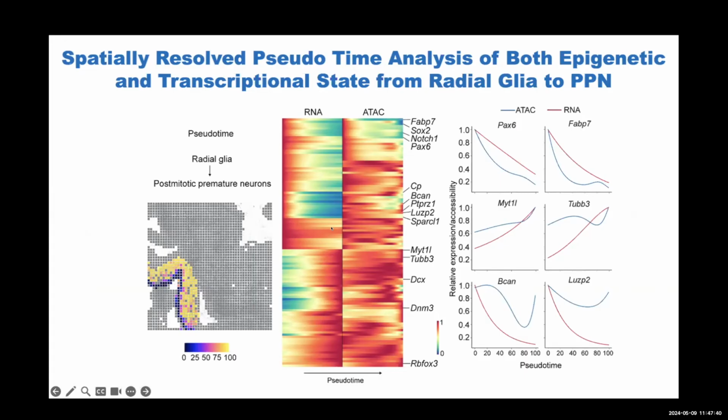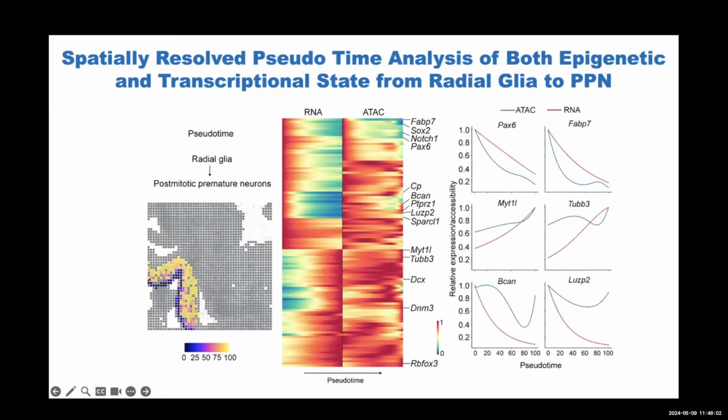probably for most of the genes, the chromatin opens up first and then the genes get expressed. That's true. But if you look gene by gene in this particular context, the differentiation from radial glia to postmitotic premature neurons, you're going to see spatially, that makes perfect sense.